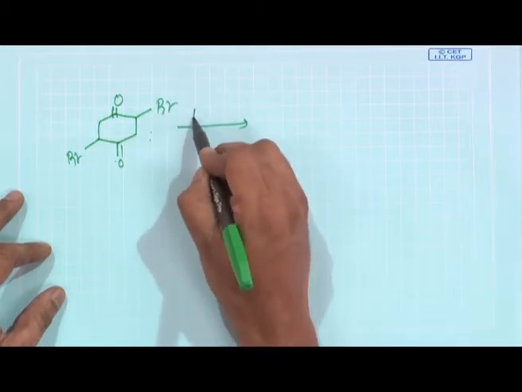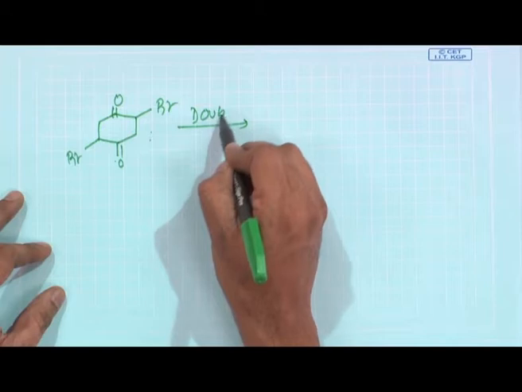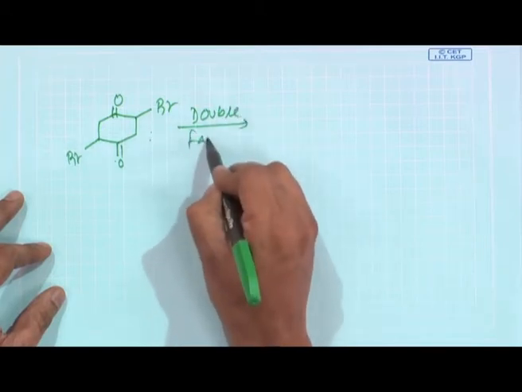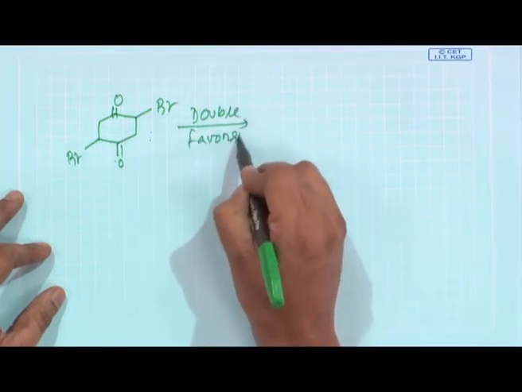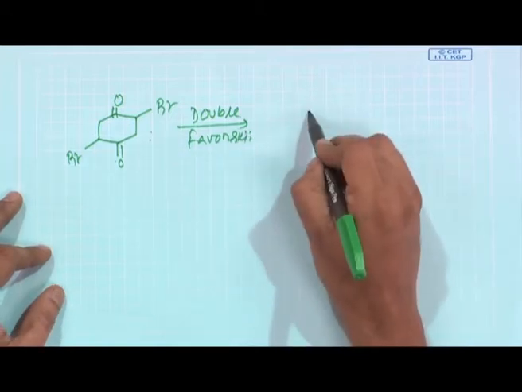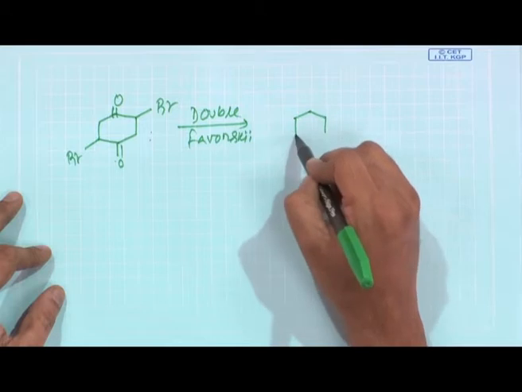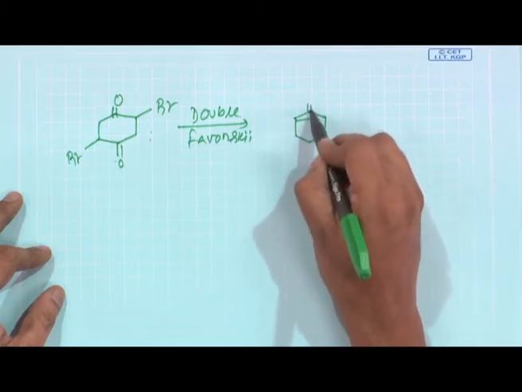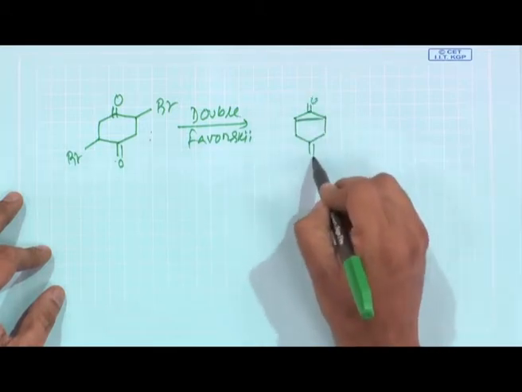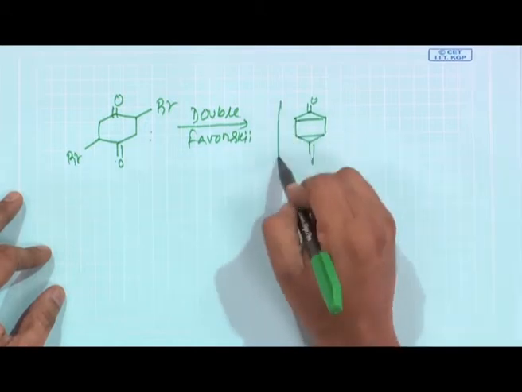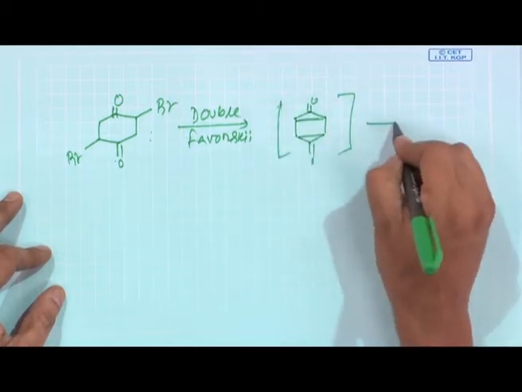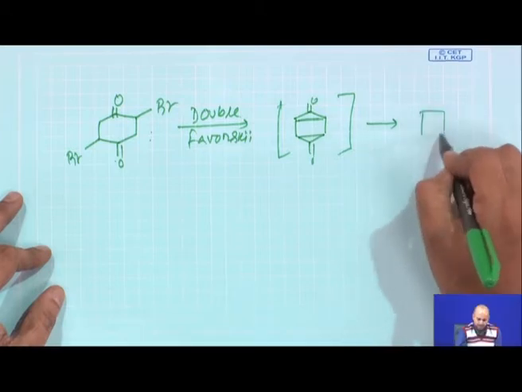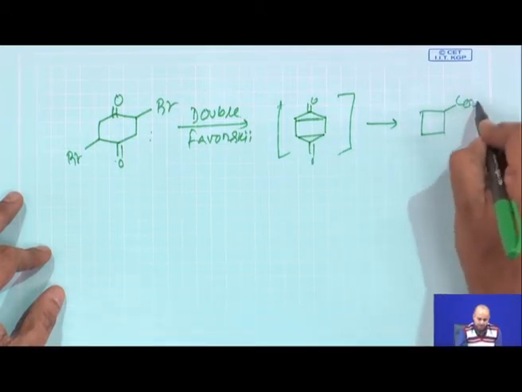you do a double Favorsky reaction. The Favorsky reaction was explained to you, right. Then through the intermediate you will basically get this, right, and then this intermediate will collapse, and you will get this cyclobutane.